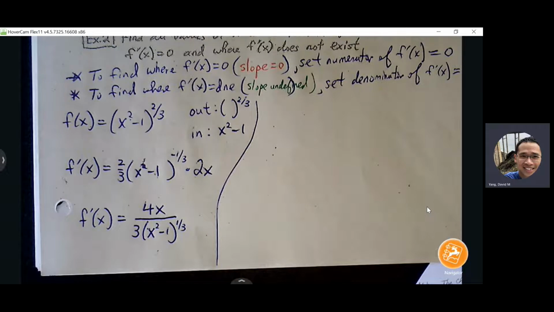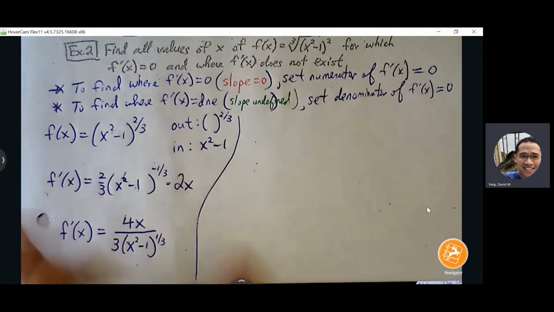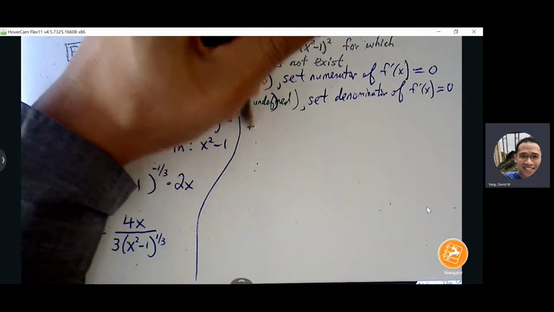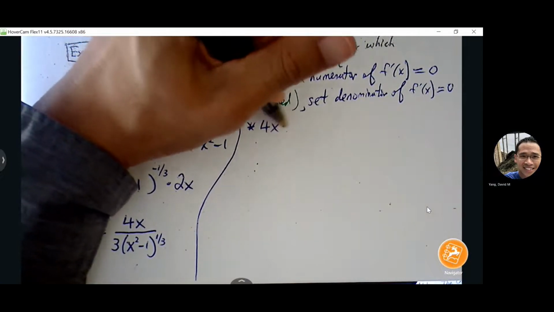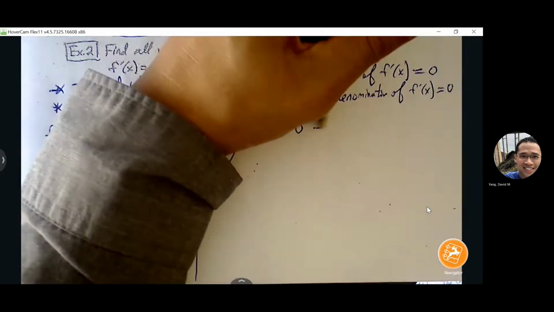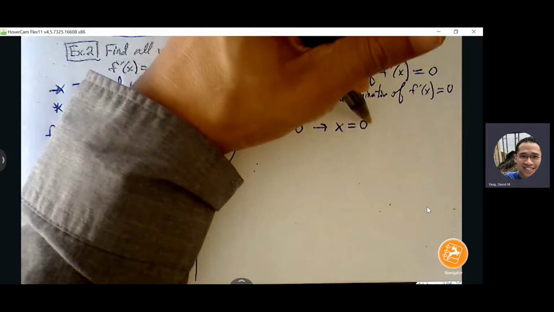We can't do anything with that denominator anymore, but we can move to the next step. We want to find out where slope is 0. We want to also find out where the slope is undefined. So we're looking for slope 0. So how can I do that? Yep, set the numerator equal to 0, which in this case is 4x. So we're going to set 4x equal to 0. Solve for x. x equals what? 0 over 4, which is 0.